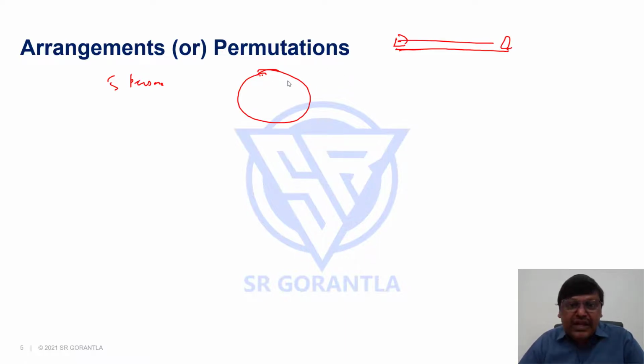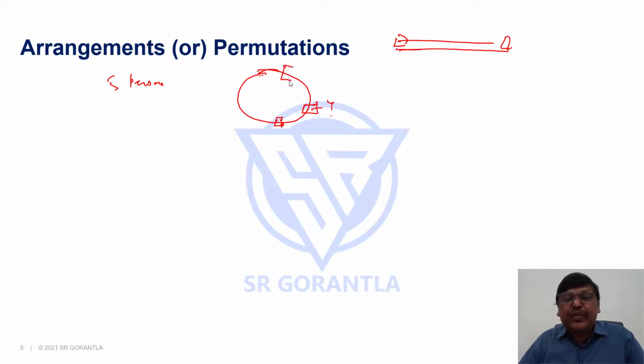Since it is a circle, first you take one person and make him sit anywhere. If one person is sitting here, how many options do I have for someone to sit to the right of him? There are 4 options. Any of the remaining 4 people can be seated.